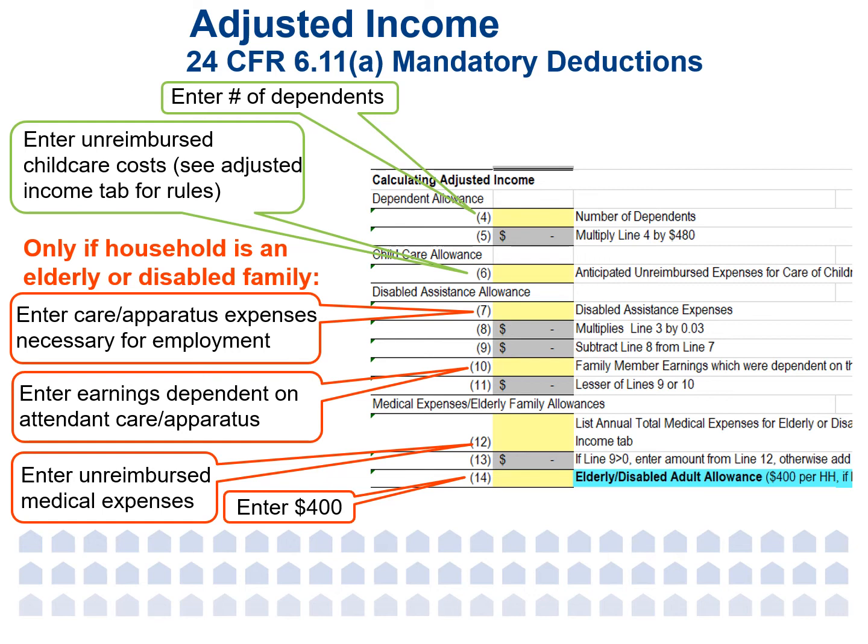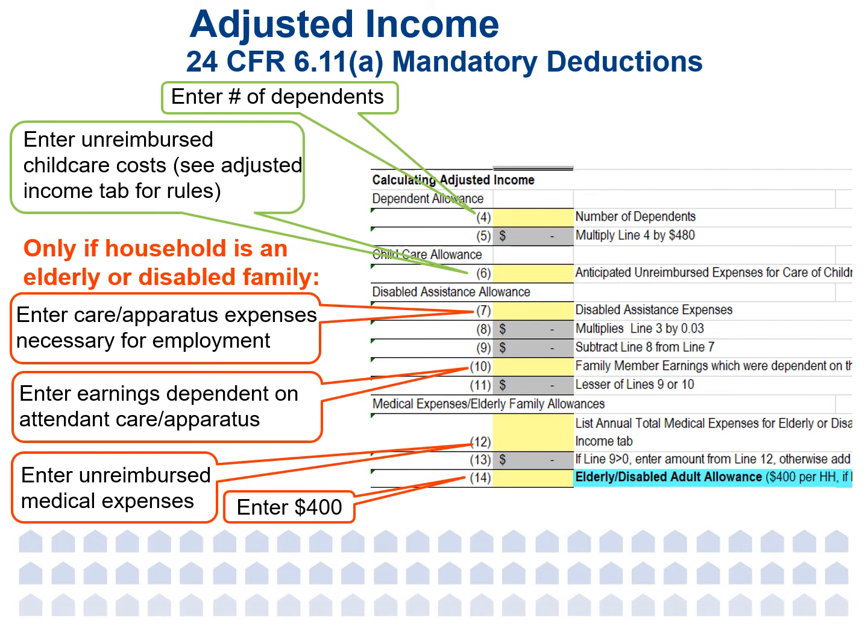You should pay close attention to the explanation of these limits on the Adjusted Income tab. The expense for child care that enabled a family member to pursue their education or look for work is not limited. The rest of the deductions apply only if the household is an elderly or disabled family.